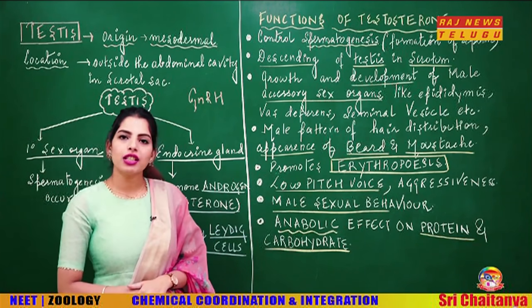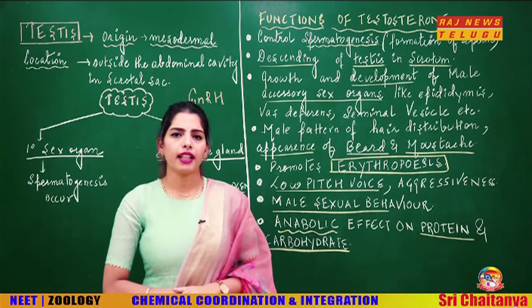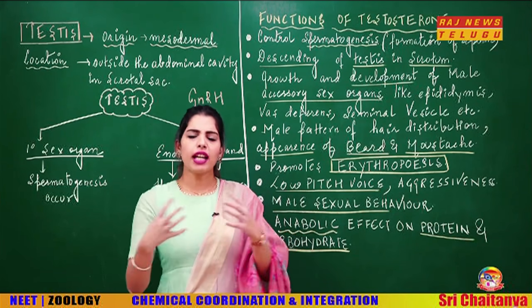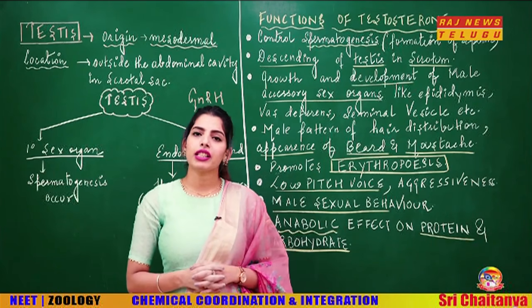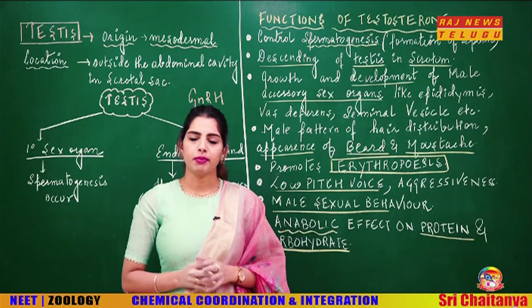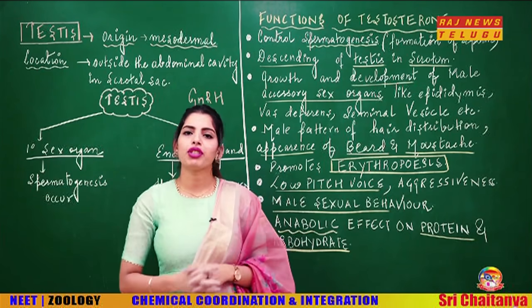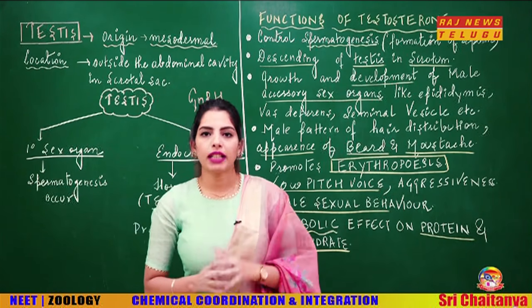The last function, not the least, is again very important, the anabolic effect on protein and carbohydrate metabolism. There is a masculine development during the growth phase, and under the influence of this testosterone, not the catabolism, actually the anabolism is seen, the formation of protein is seen. Again, very important functions related with the testosterone.